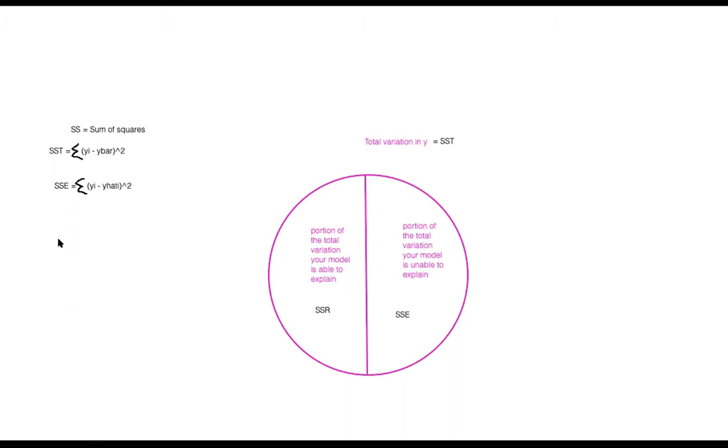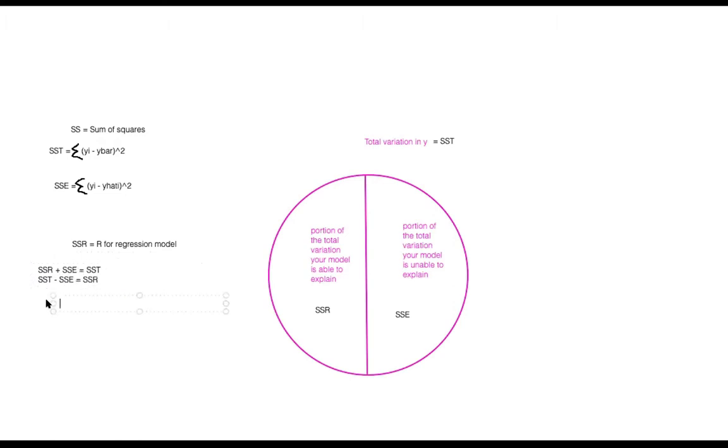So SSR, sum of squares, is the portion of SST that your model is able to account for. SSR plus SSE equals SST. So these two portions add up to the total. Or in other words, SST minus SSE gives you SSR.